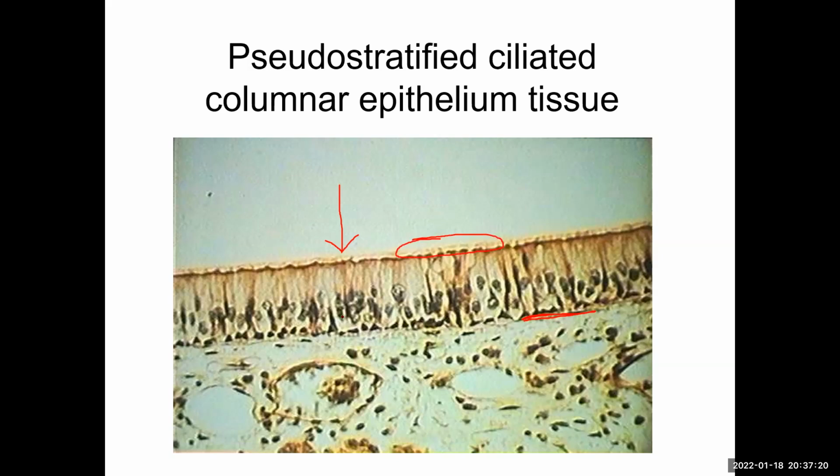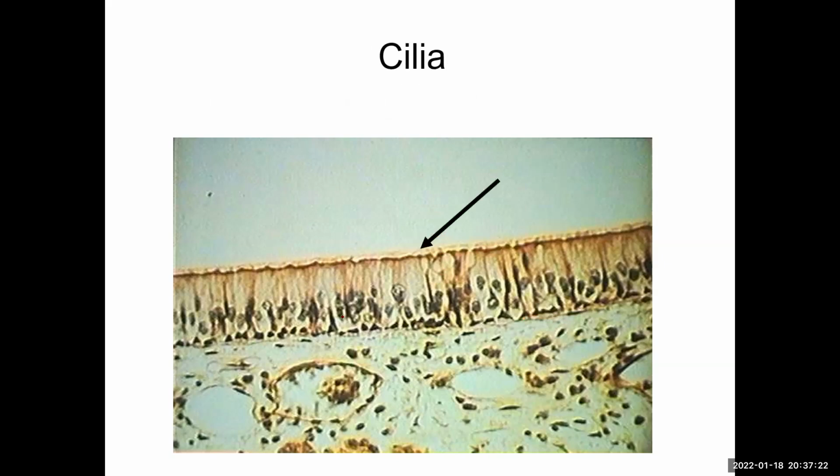And you can see a couple goblet cells mixed in. So there's the cilia. And then here's a goblet cell. Here's another goblet cell. There's a couple more goblet cells here.